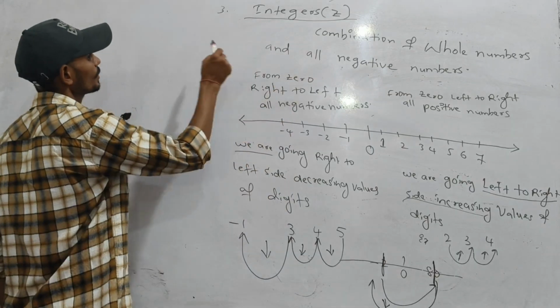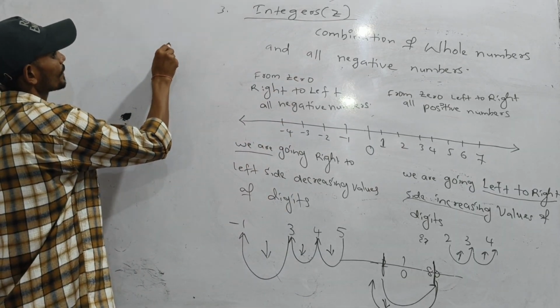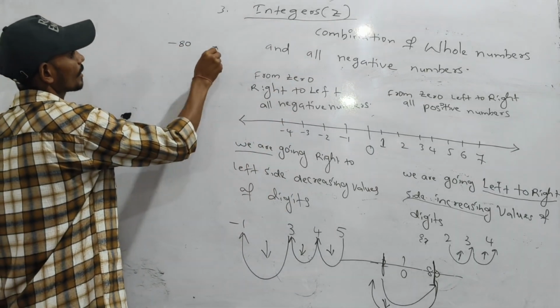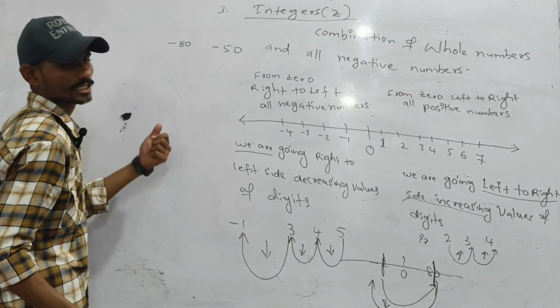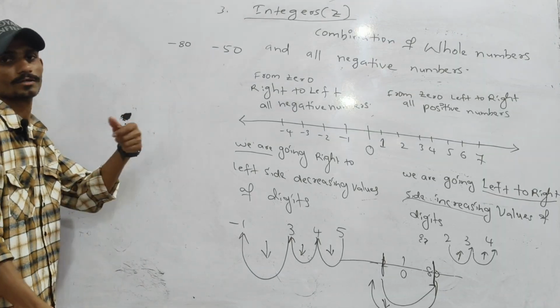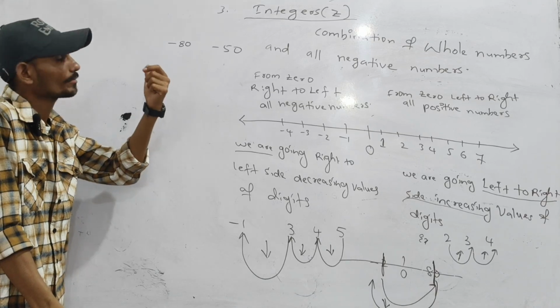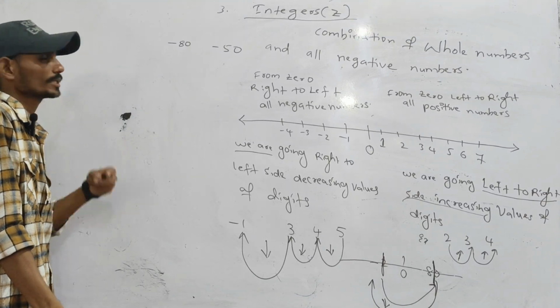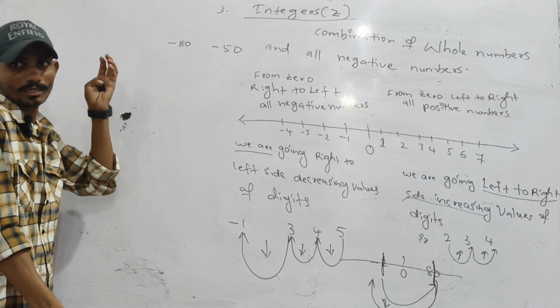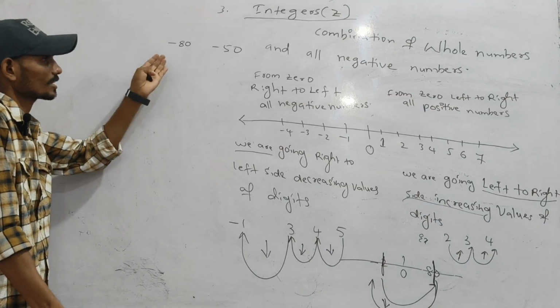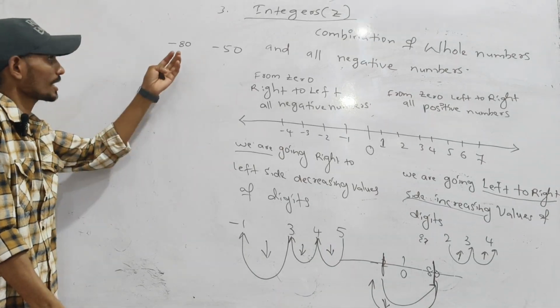One more example, observe here: -80 and -50. If somebody asks which of these two numbers has the bigger value, some say 80 because it looks big, but that is not correct.